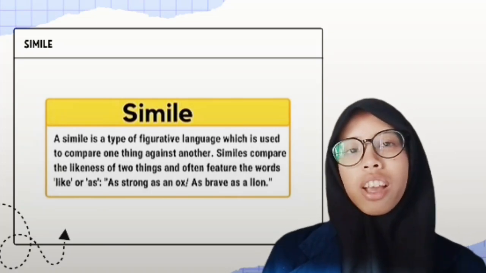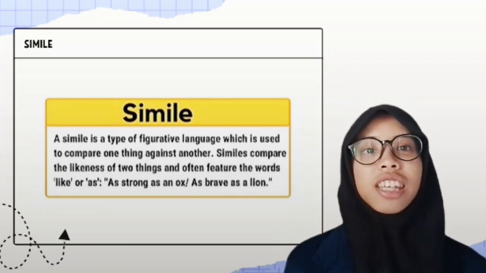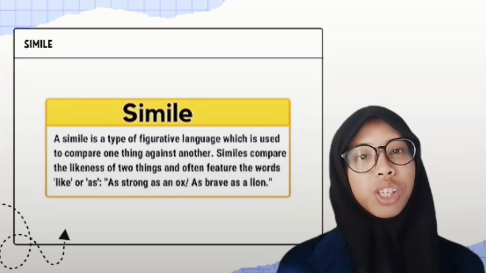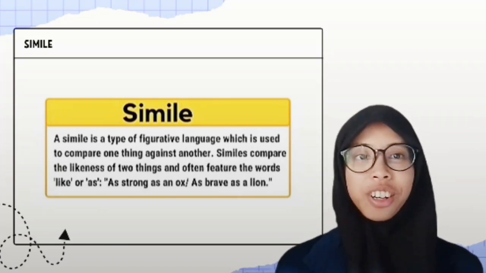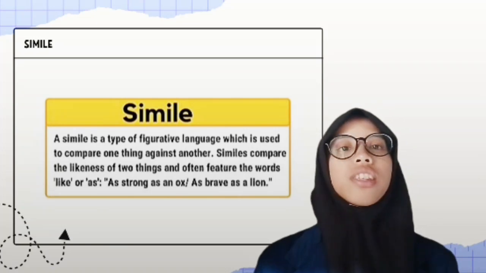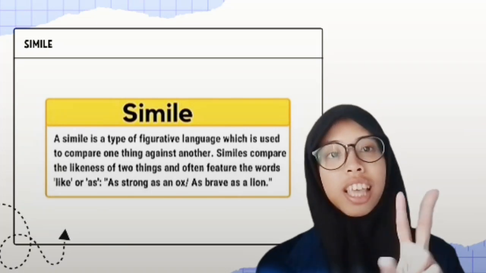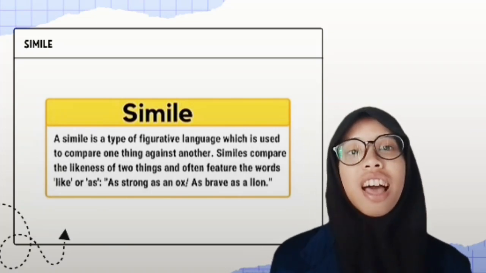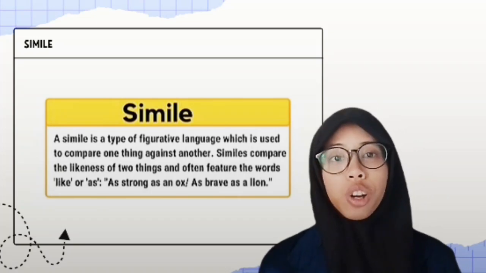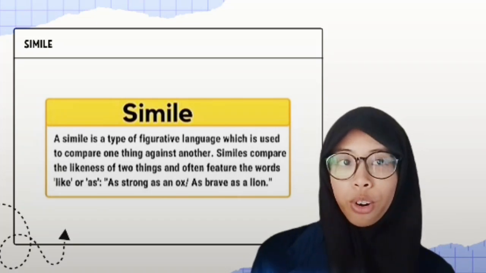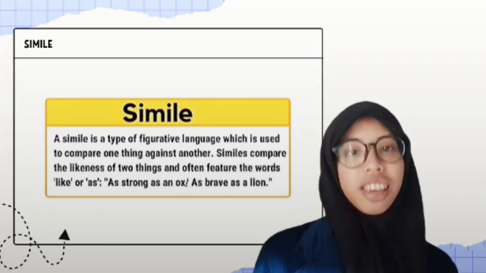Basically a simile is a type of figurative language which is used to compare one thing against another. Similes compare the likeness of things and often feature the words like or as. For example, as strong as an ox or as brave as a lion.